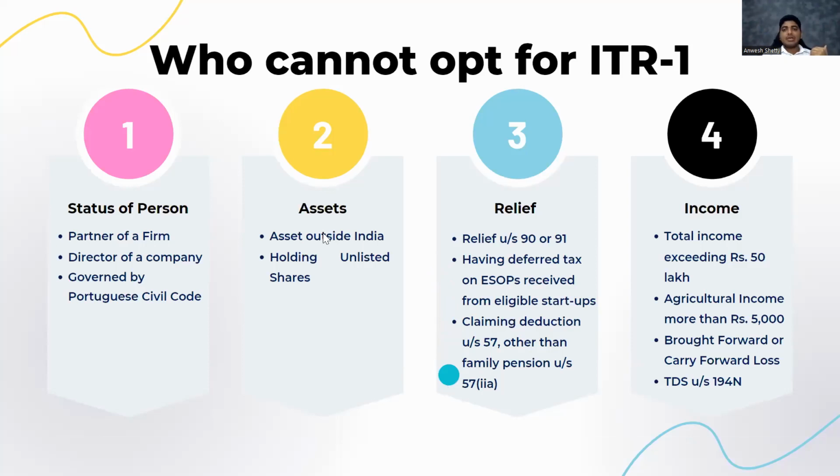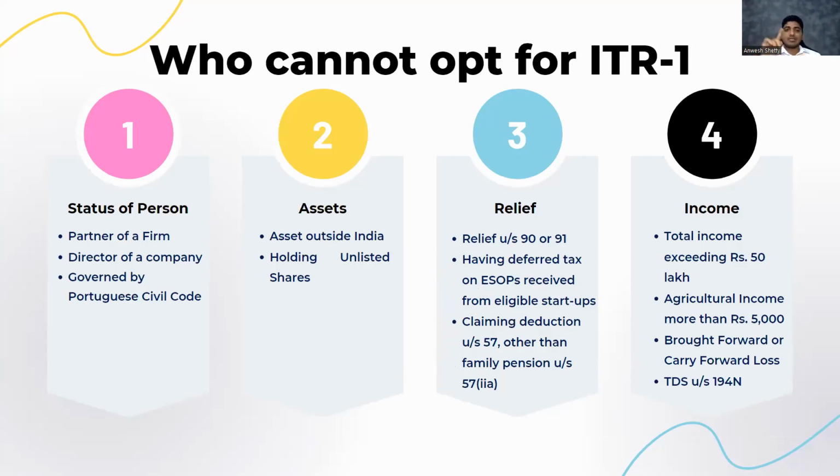Then if you are claiming any deduction under section 57, that is, let us say you have interest income and also certain interest expenses, and you want to deduct that interest expense, then you can't file ITR1.